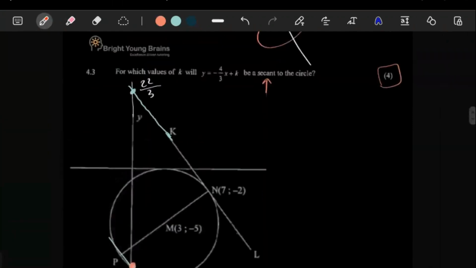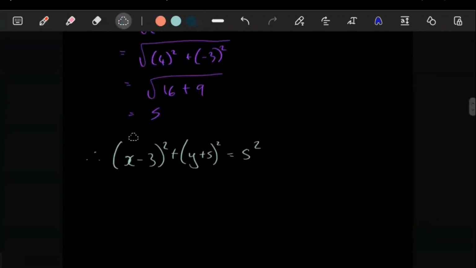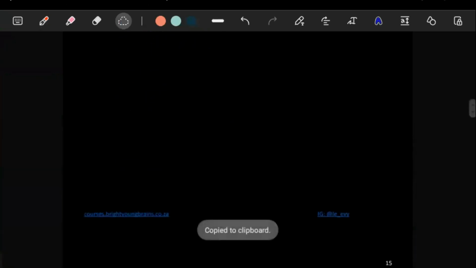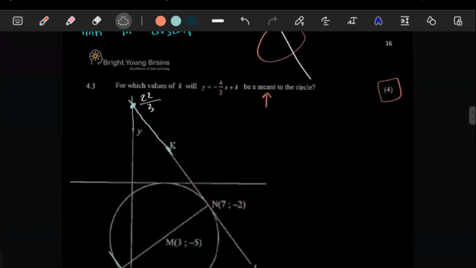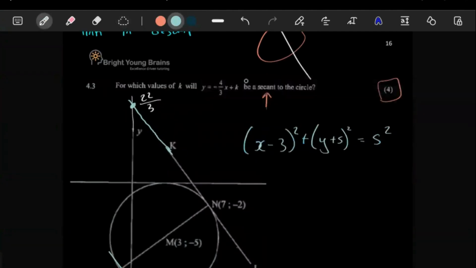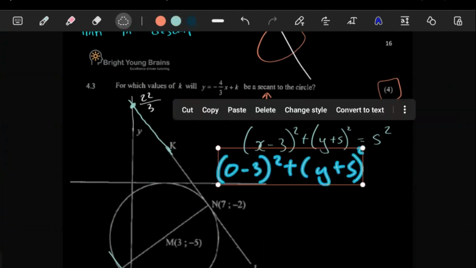The y-intercept of our circle, we can get by using the equation of our circle. To get a y-intercept, you have to make x a 0. That's not a big deal. Let's make our value of x 0. So we have 0 minus 3, squared, plus y plus 5, squared, the whole thing equal to 5 squared.